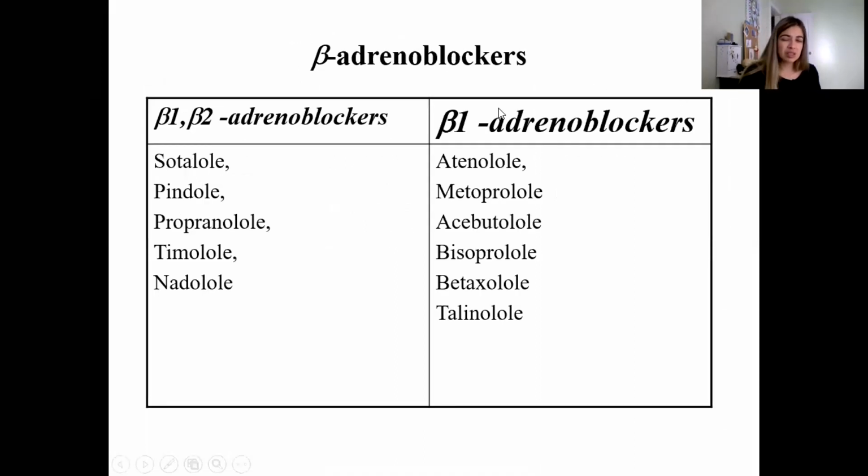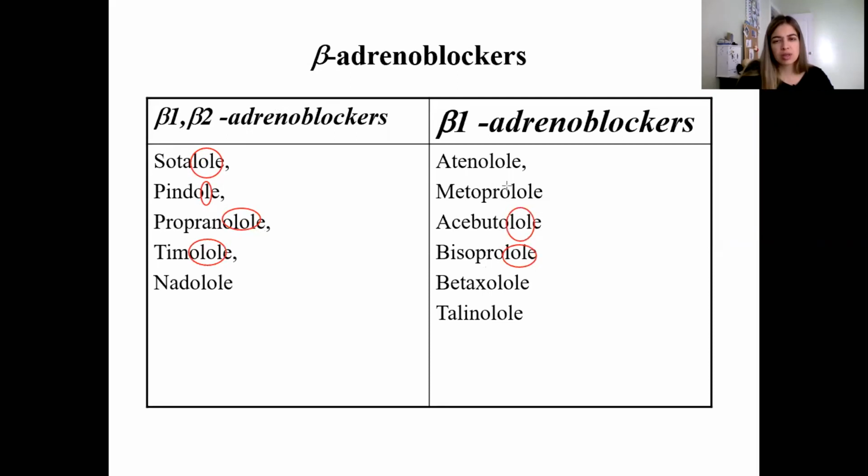Now we are talking about beta adrenergic blockers, which can also be selective, beta 1 only, and non-selective, which block both beta 1 and beta 2. For non-selective, we have these examples. For selective, these examples. And you can see that all the beta blockers end with -lol: pindolol, and everywhere the same ending, -lol. So beta blockers always end with -lol. It will be easier to remember.